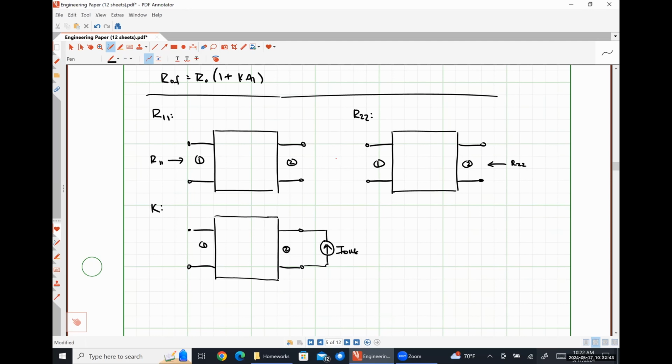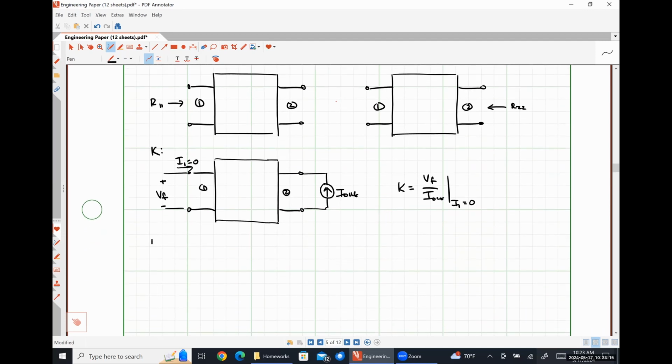A voltage. So I'm going to leave this side open circuited and measure some voltage VF here under the constraint that the current that is flowing into port 1 is 0. So our feedback factor K is just the ratio of VF over I out when I1 is constrained to be 0.